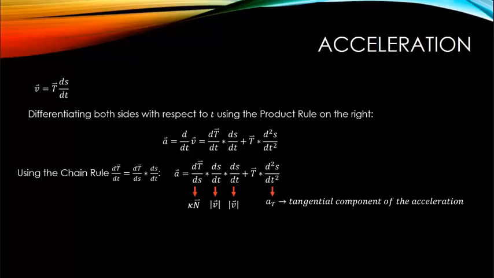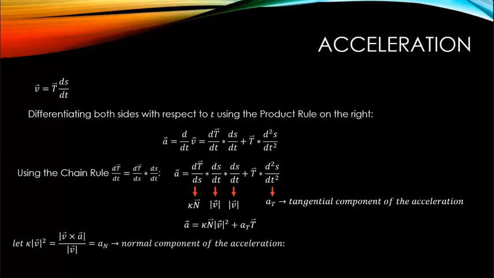And d²s/dt² is the tangential component of the acceleration, which I will label a sub T. This allows me to write my acceleration vector as being equal to kappa times the principal unit normal vector times the speed squared plus the tangential component of the acceleration times the unit tangent vector.